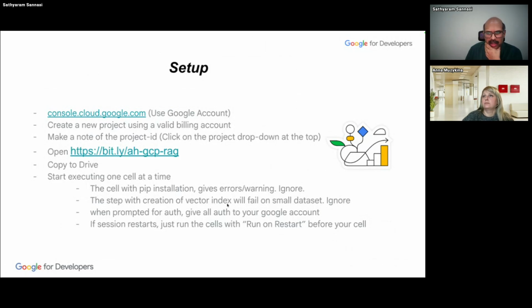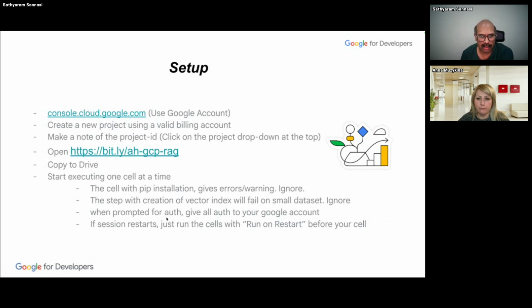If the number of rows in your vector database is less than 5,000, then you cannot create the vector index, at least the one within BigQuery. So it might fail if it's a very small data set. You can just ignore that, because even without that, it will still work.